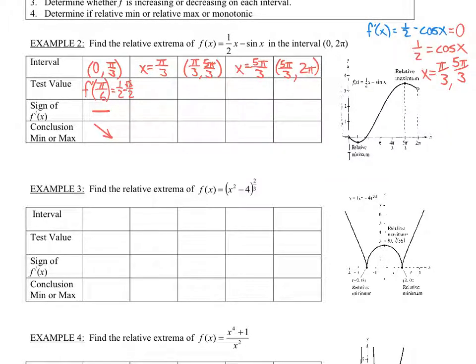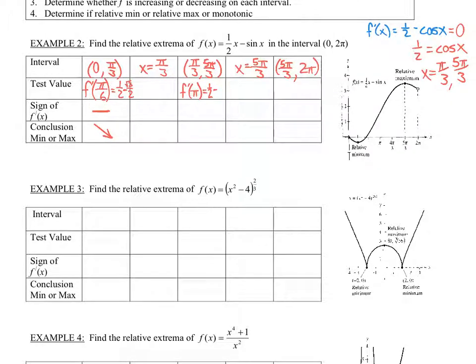Does everyone understand what I did here? Now, we need to do this for all 3 of these intervals. So, someone give me an angle between pi over 3 and 5 pi over 3. Pi. Yeah, there we go. Pi. That'll be easy to work with. So f prime of pi. So we have 1/2 minus, what's cosine of pi?